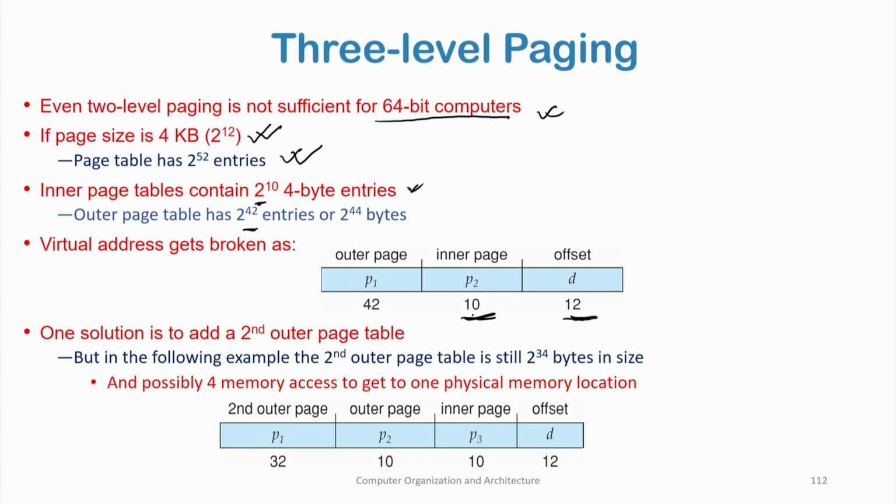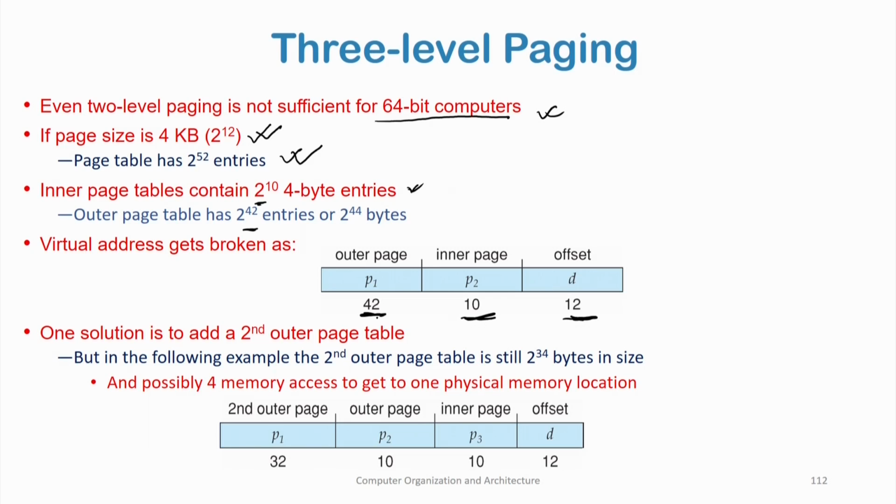Now my outer page table has 2 to the power 42 entries, so this one is still 42 bits. So, even if we have a 2 level page table, the outer page table will have 2 to the power 42 entries, which is very huge.